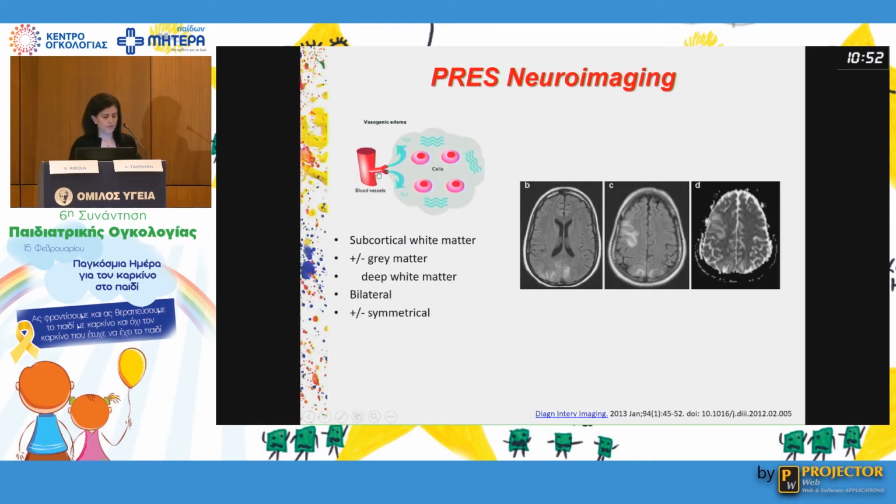Water molecules move from the blood vessels into the interstitial space, the space between the cells, between the neurons, and in that area, water molecules move freely in every direction. What we see in vasogenic edema is areas of high signal intensity, bright areas on FLAIR images.